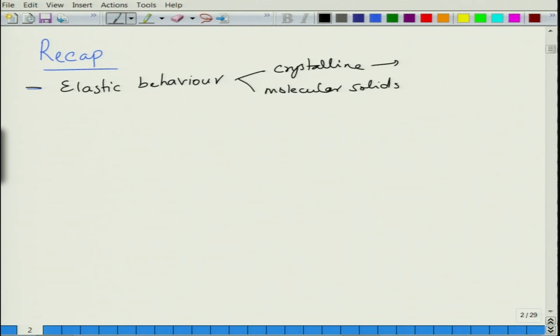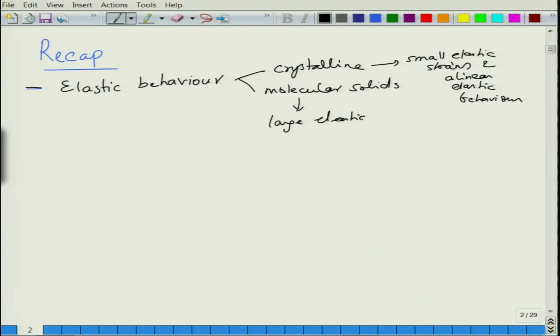Generally, crystalline solids exhibit small elastic strains and linear elastic behavior, whereas molecular solids show considerably large elastic strains and can show nonlinear elastic behavior, especially in materials like rubber.